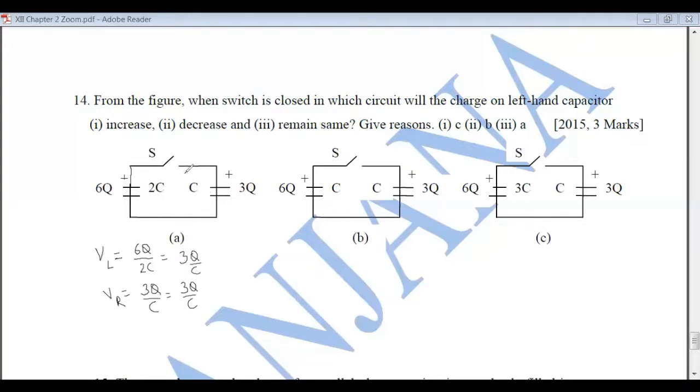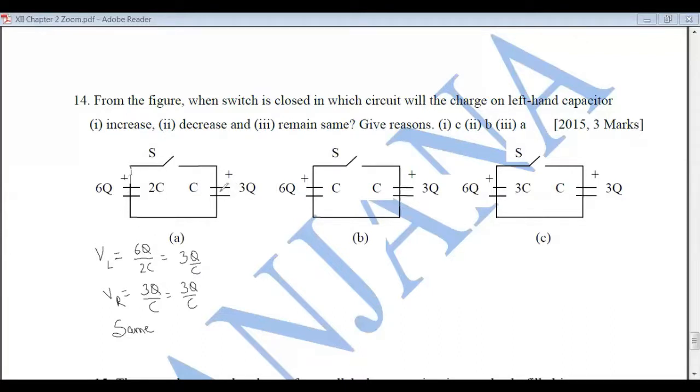So when the switch is closed, we know that the charges flow only from the high potential capacitor to the low potential capacitor. So as both are at the same potential, the charges will not flow, that is the charges remain the same in this case, same on the left hand side, same on the right hand side.